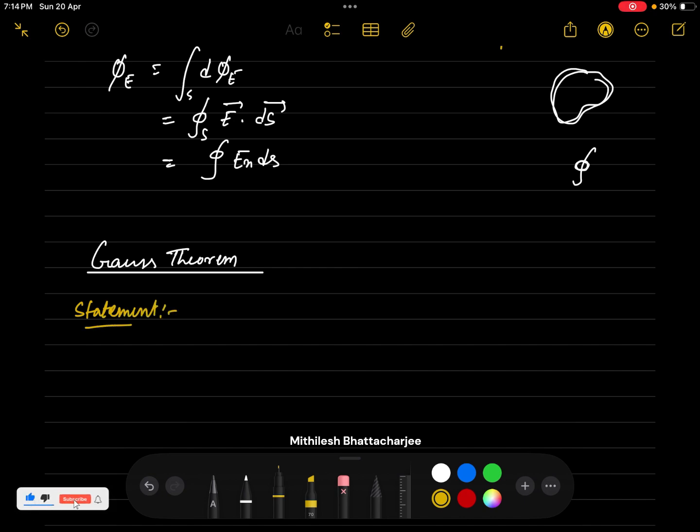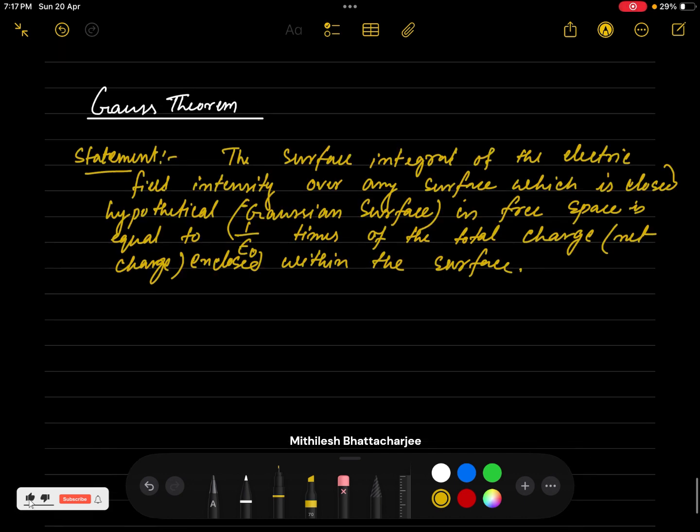The statement says the surface integral of electric field intensity over any closed hypothetical surface, which is called the Gaussian surface, in free space is equal to 1 by epsilon naught times the net charge enclosed within the surface.